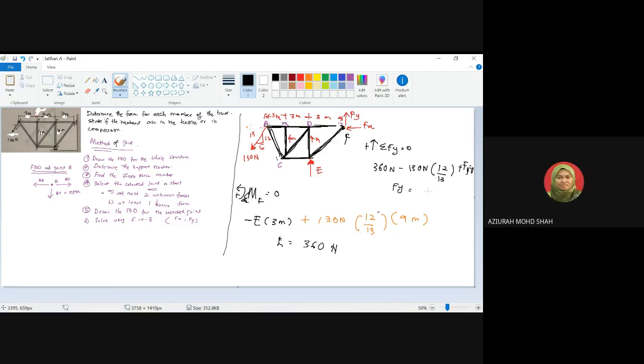Tapi positif atau negatif? Salah, negatif lah kalau kira ni negatif. Okay, ya. Negatif 240 Newton. Okay. So apa yang dimaksud kat sini FY negatif 240 ni, dia sepatutnya ke, alamak terbuat ni pula. Dia sepatutnya ke bawah. Alright.